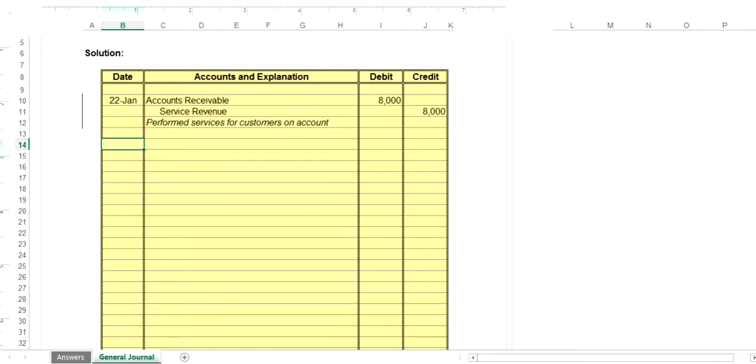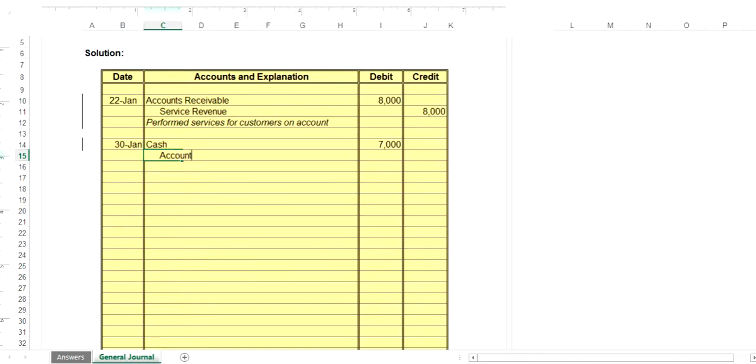The next thing that happened on January 30th, we received cash on account from customers for $7,000. So now our customers are coming in and they're paying some money on their receivables. So anytime we get cash, we need to debit cash for $7,000.